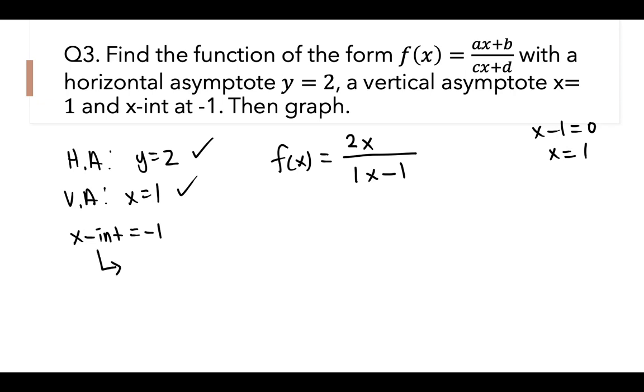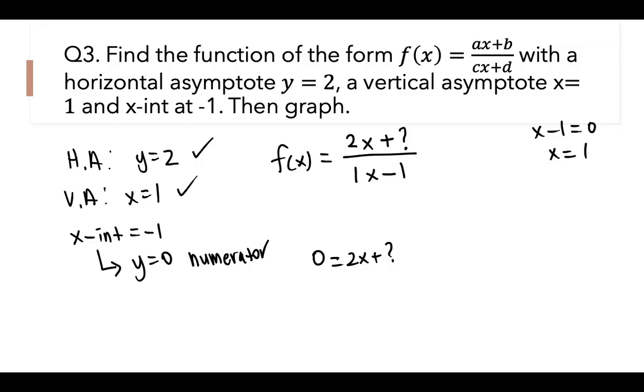And then we have an x-intercept at -1. An x-intercept happens when you let y equal 0, meaning you look at the numerator. So you want to make the numerator equal to 0. It's going to be 2x plus a number. So we know it's going to be 0 equals 2x plus a number. Well, we know that the x-intercept is going to be -1.